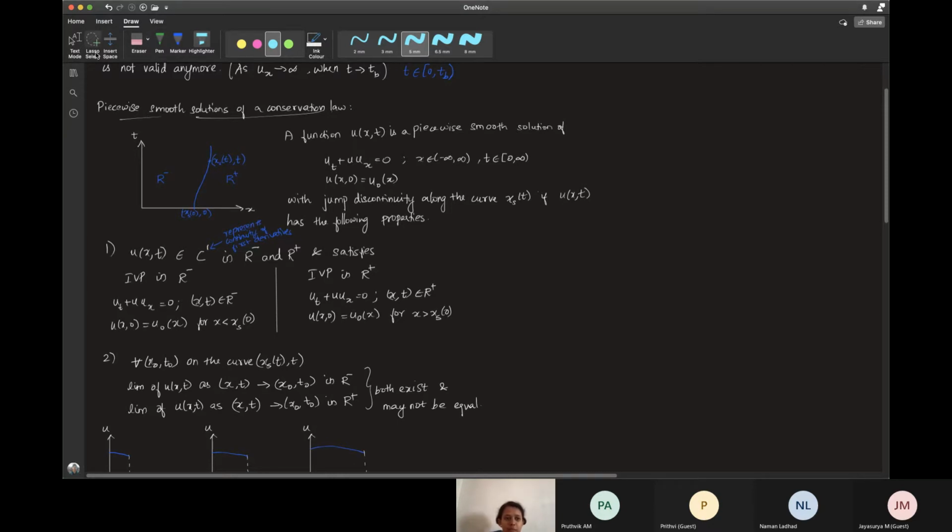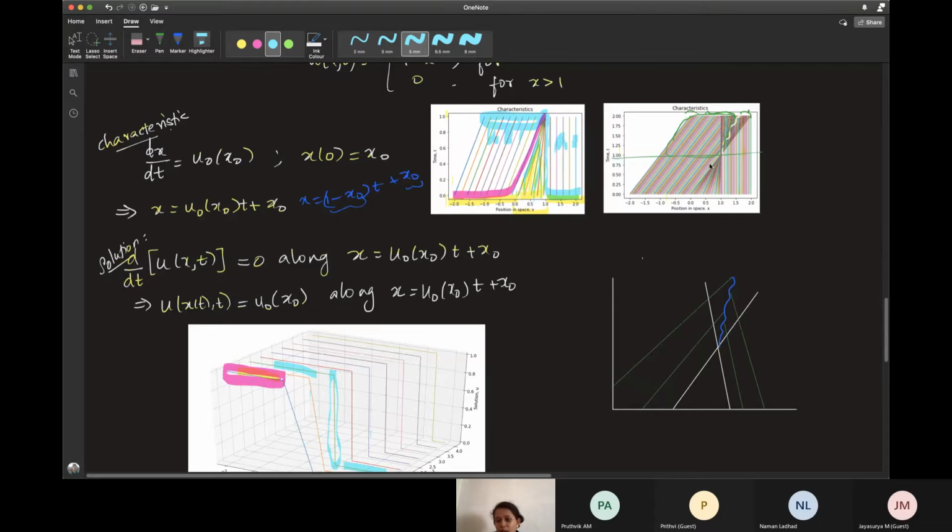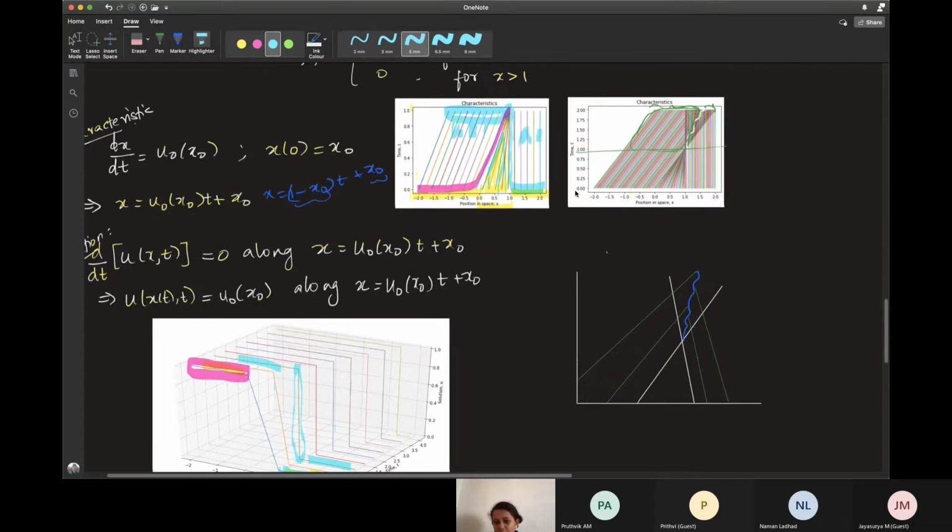Like, see, in the previous case, if this is the xt plane, your breaking time occurred here. That need not necessarily be the case all the time. You can have breaking time at the initial point itself.